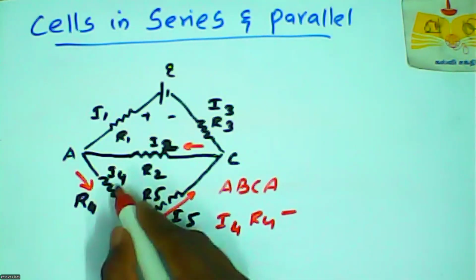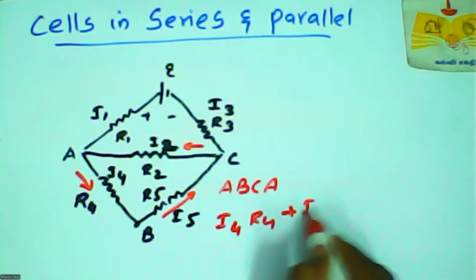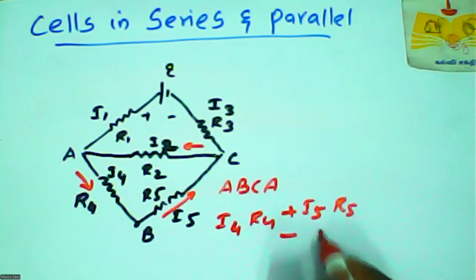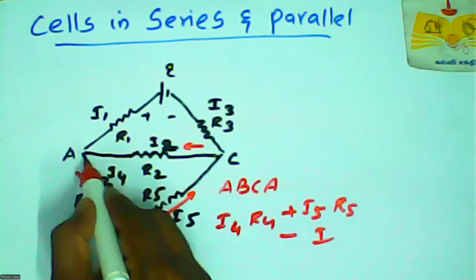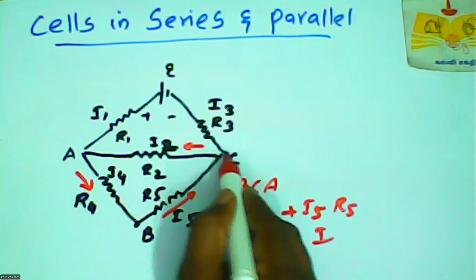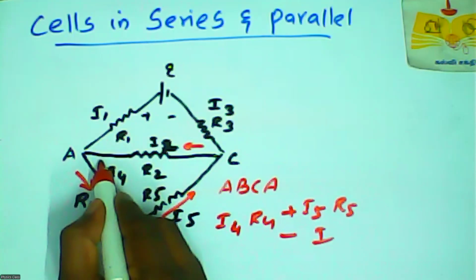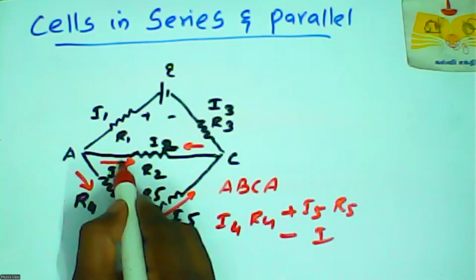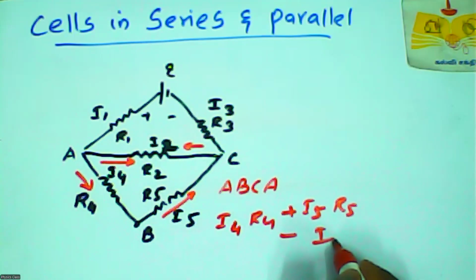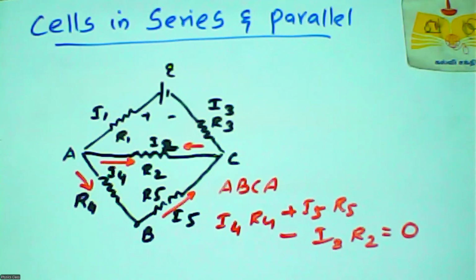So I4 R4 plus I5 R5 minus, because we are going from this place and here the current is passing opposite to our loop. So we have to put a minus sign here, I2 R2, which gives 0. This is the voltage rule.